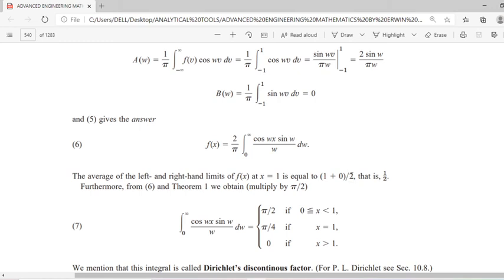You can use that information here. The 2 by pi will come to the left side, so that this integral will be pi by 2.